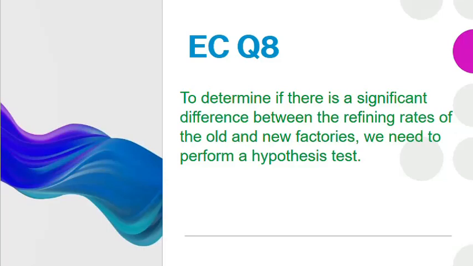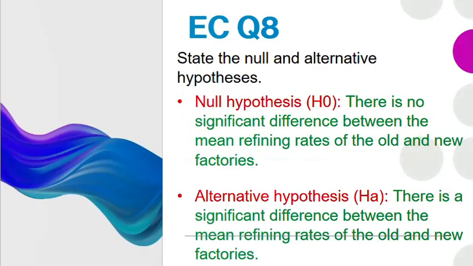In order to do that, we start off with stating the null and alternative hypotheses. The null hypothesis, H0, is that there is no significant difference between the mean refining rates of the old and new factories.